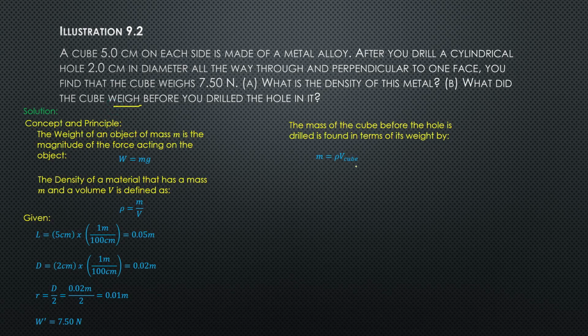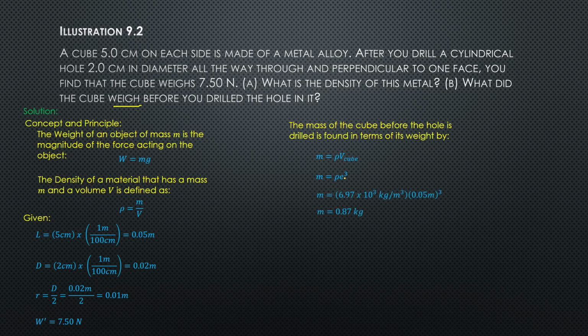So density of the material is 6.97 times 10 to the 3, or 6,970.